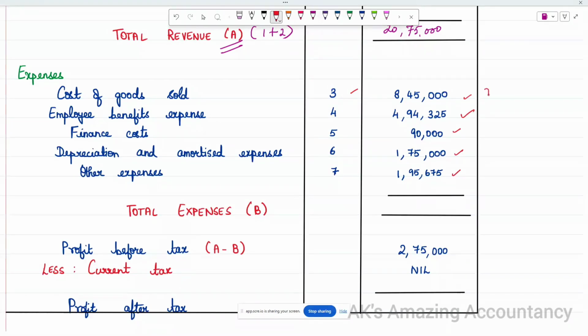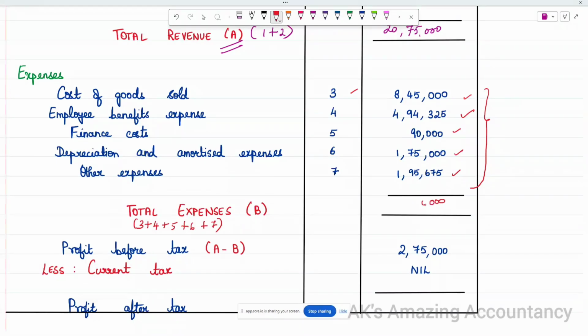So now you have to add all these amounts together. That is all the expenses together you have to add. So total expenses. What do you mean by total expenses? Total expenses is the total of note 3 plus 4 plus 5 plus 6 plus 7. The total of all these notes will represent the total of expenses. So let us start doing the total. 0, 0, 0 again.